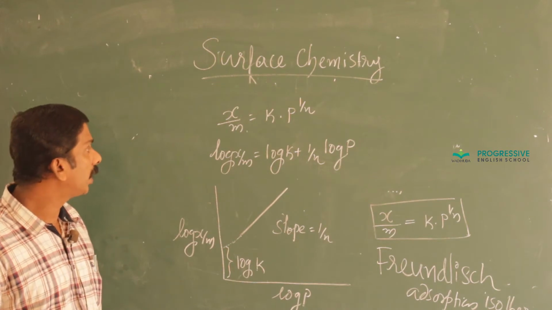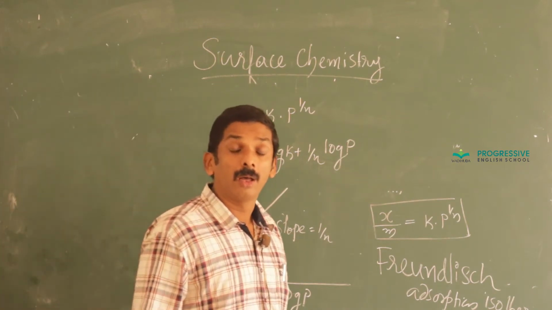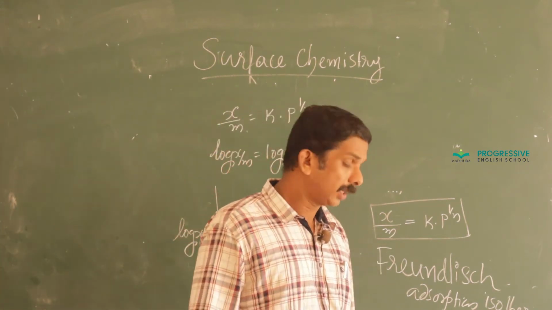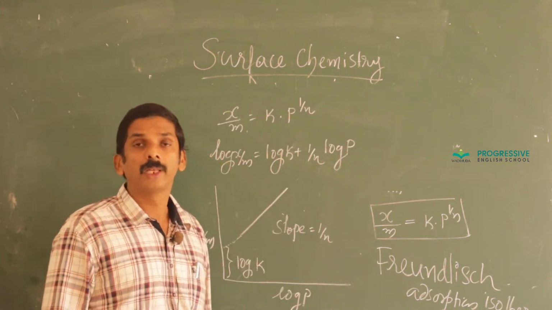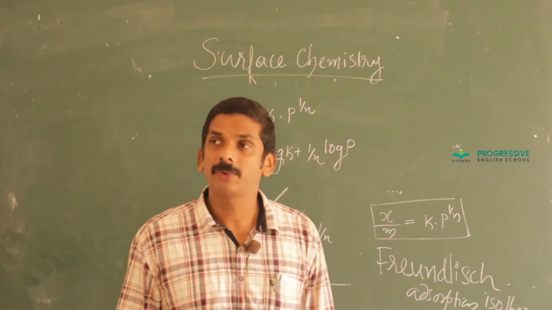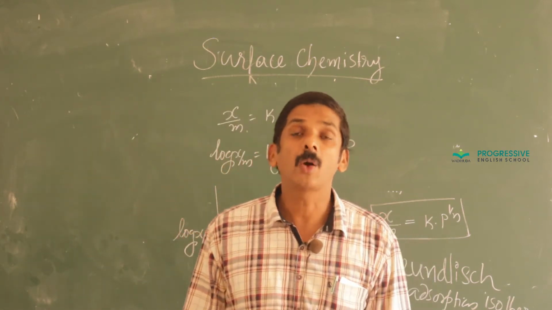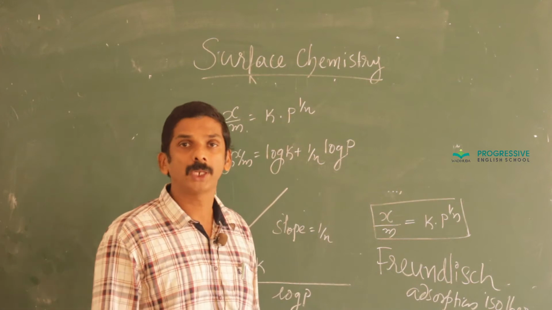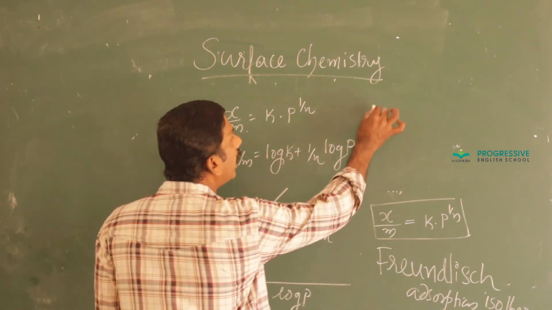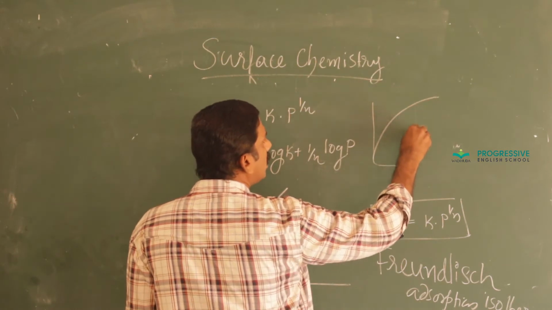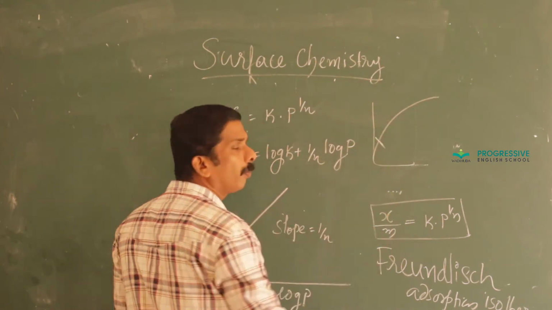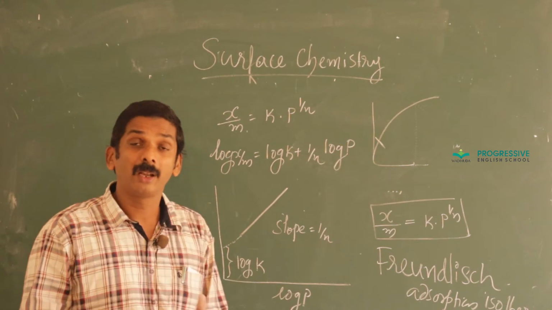Okay? Once more I repeat about this effect of pressure: the rate of adsorption increases with the increase in pressure. The graphical representation between the extent of adsorption against pressure at constant temperature is called adsorption isotherm, and in that graph you can see that at a high pressure it is independent and at a low pressure it is almost a straight line.